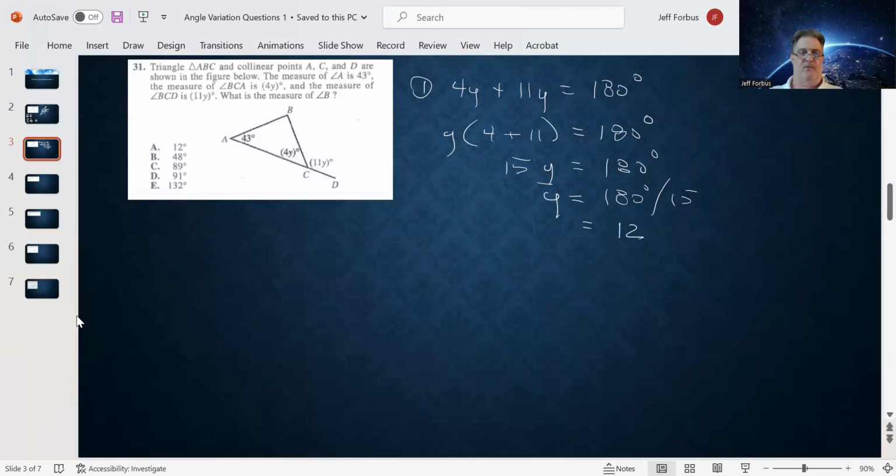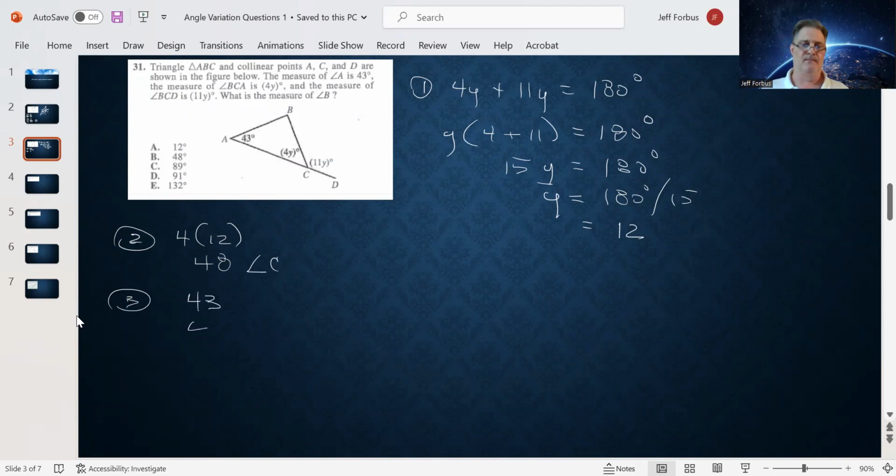So now we can figure out what angle C is inside the triangle. So step 2: 4 times 12. And that's going to be 48. And that's going to be for angle C. Third thing, we can say 43 and 48, when added together, gives us 91.